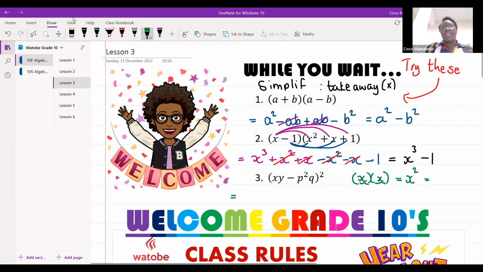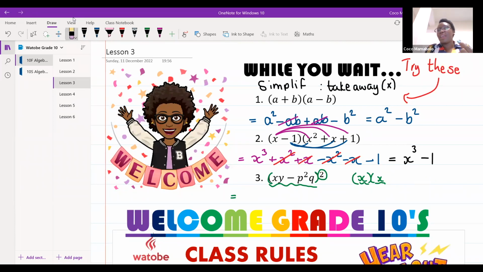But now look at what I've done here. I've taken this whole bracket and I've squared it. So what am I multiplying this bracket by? By x, but not by itself.